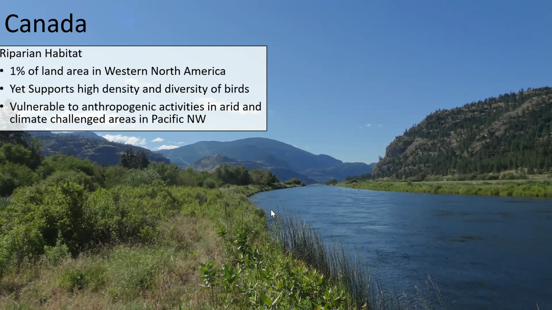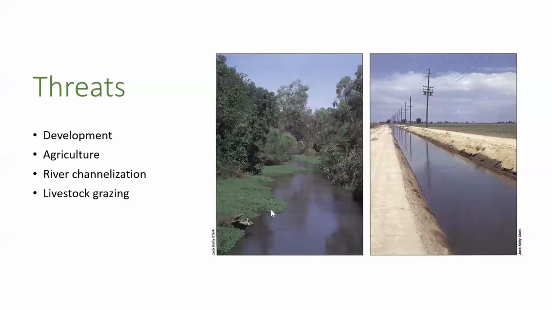These habitats represent less than 1% of the area in the west of Canada. And these habitats have a lot of threats, especially because of development, agriculture, and river channelization for agriculture.